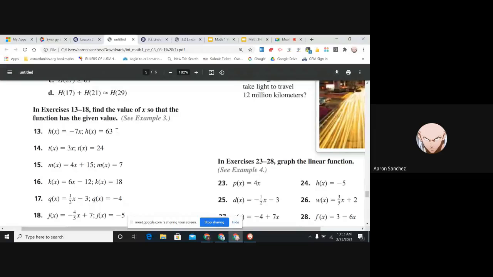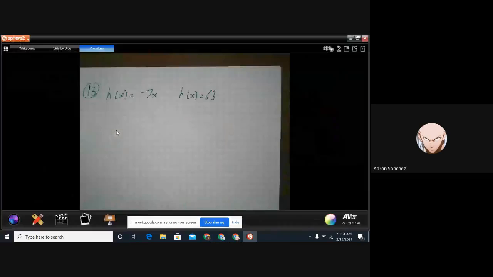Number 13 says h of x is equal to negative 7x, and it also says h of x is equal to 63. So we can figure out what x is. This is actually pretty straightforward.